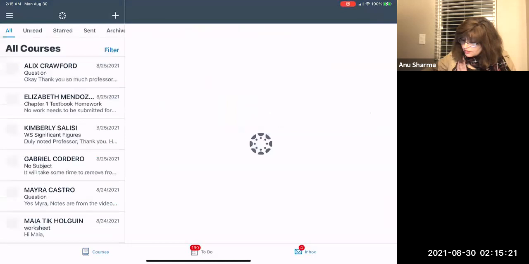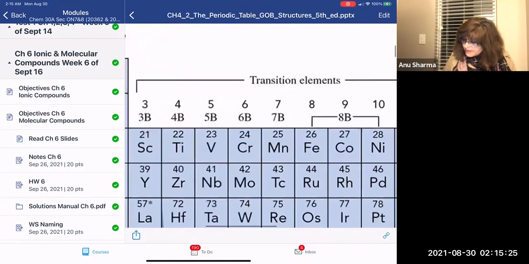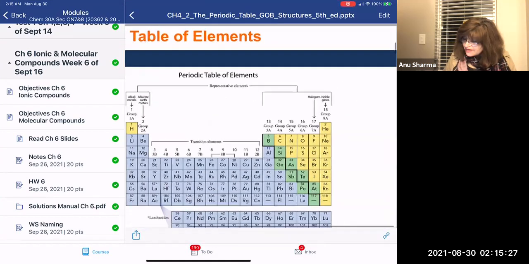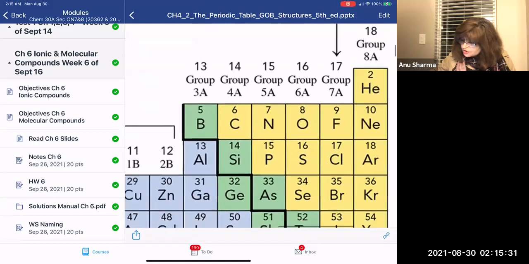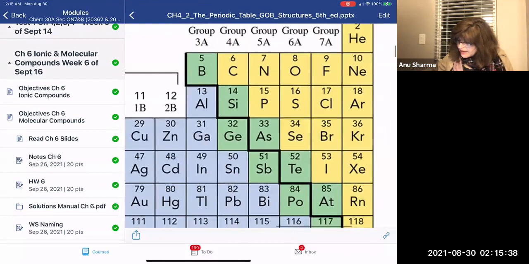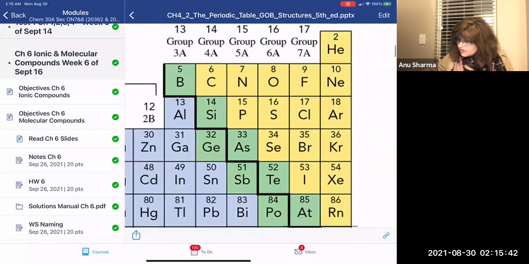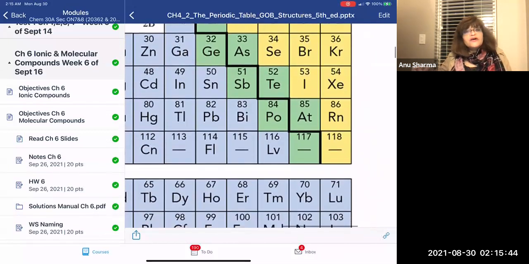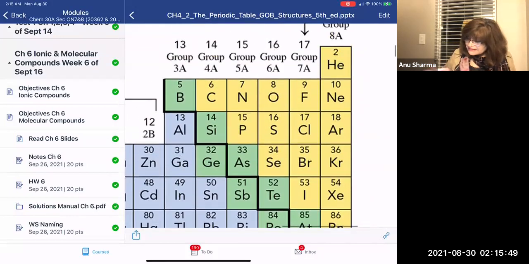Group 2A, all of them were the alkaline earth metals. Okay, the middle ones were the transition elements. Then these guys from boron, carbon, nitrogen, oxygen, there's no group name, but fluorine, chlorine, bromine, iodine, these are called halogens. And helium, neon, argon, krypton, xenon, radon, these are called the noble gases. Okay, so those are the names of the groups.